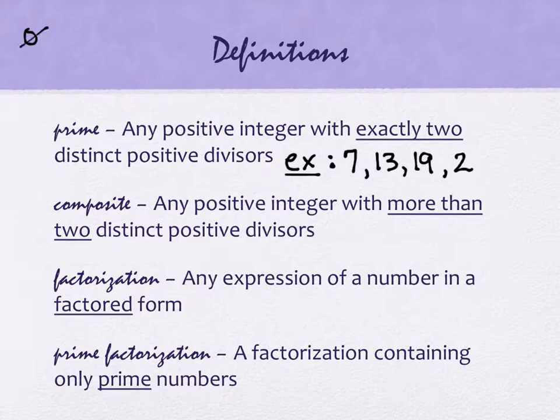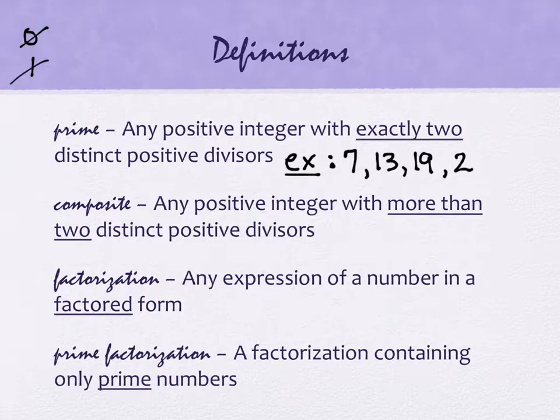So that's no good. 1 is divisible by 1 and by itself. The problem with that is take a look back at the definition for prime. It does not have two factors that are distinct. It's only divisible by 1. So this one doesn't work either.